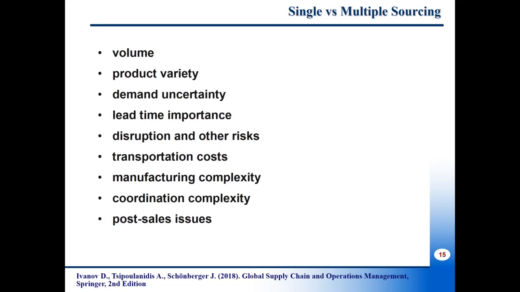Thus, supply chain managers need to rethink this lean sourcing, since the cost savings can be overwhelmed by disruption impacts. A company needs to consider the level of product variety and manufacturing complexity before deciding to adopt single sourcing.